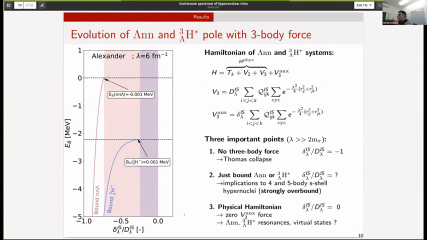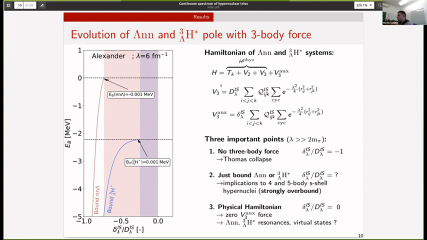So how do we proceed? Let's say that we have the pionless EFT Hamiltonian, which is composed of the kinetic energy operator, the two-body potential, and the three-body potential. And what we do is add an auxiliary three-body force. This force has the same form as the pionless EFT three-body force, which in pionless EFT is repulsive, in order to take care of the Thomas collapse.